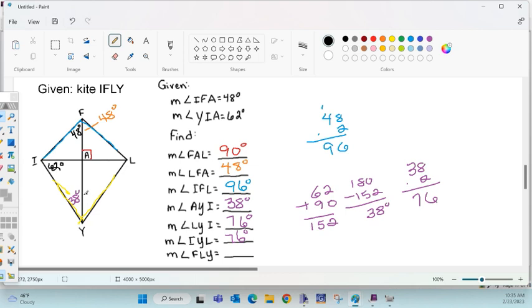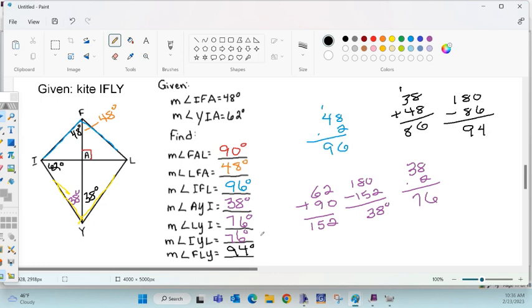So you add 38 and 48. FLY, right? Yep. That gives us 86. You subtract 86 from 180. 180 minus 86. It's 94. So 94.